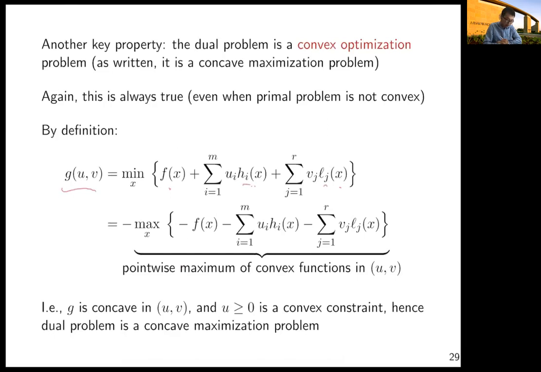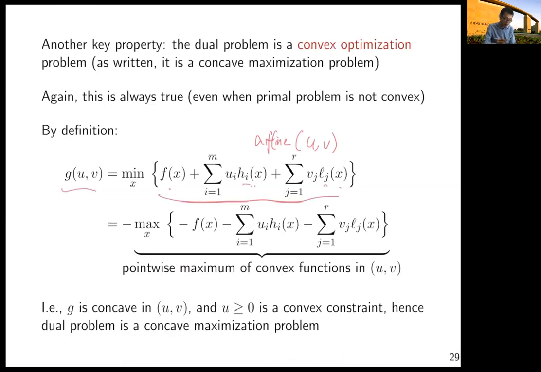All right. But on the other hand, notice that this function is only parameterized by u and v. Therefore, from the perspective of u and v, for every fixed x, this is actually an affine function. Just ignoring the min over x for now, this is an affine function in u and v. An affine function is the only function that's simultaneously convex and concave.